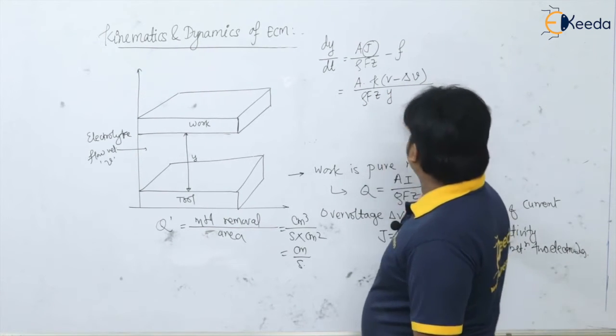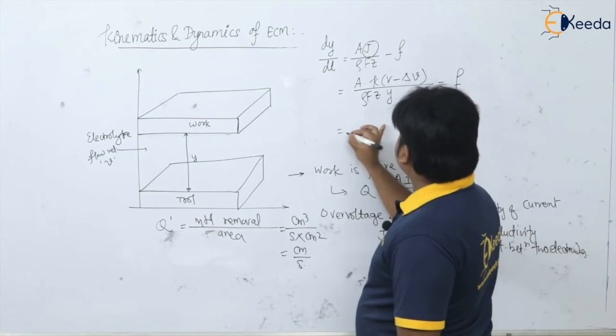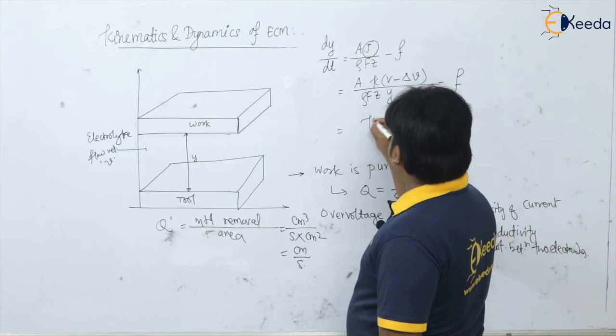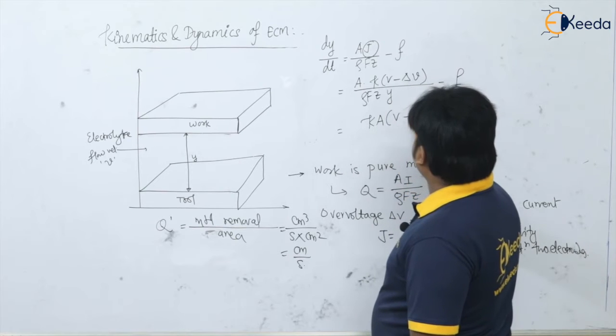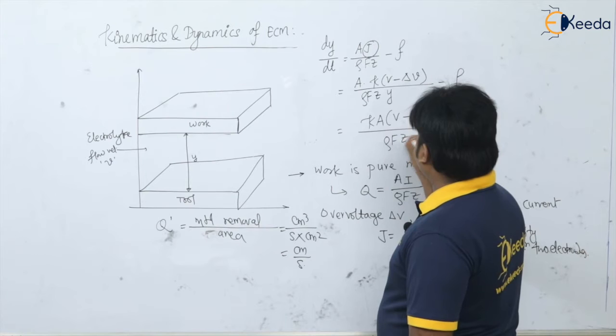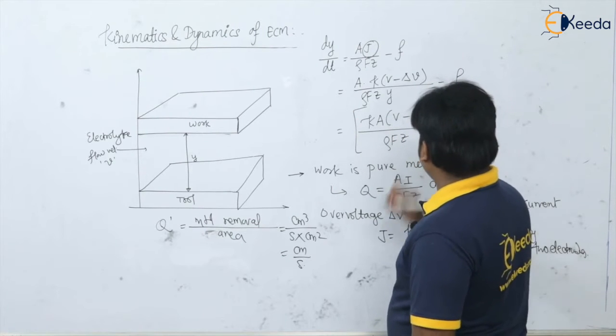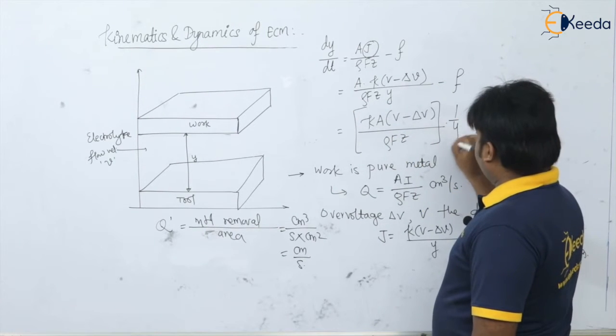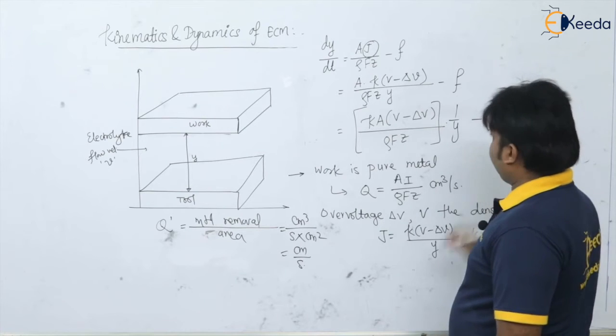So if I write it like this, it is k a into (v minus delta v) divided by rho f z, in this bracket, into 1 upon y, minus f.